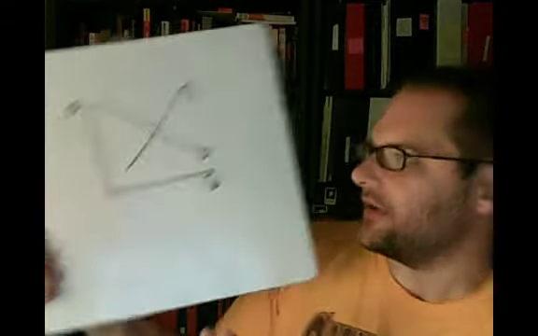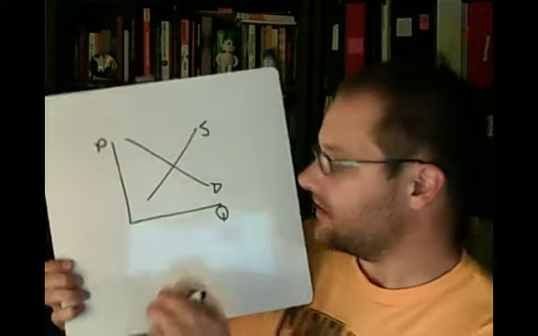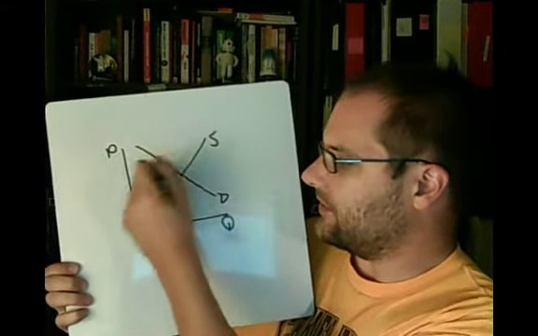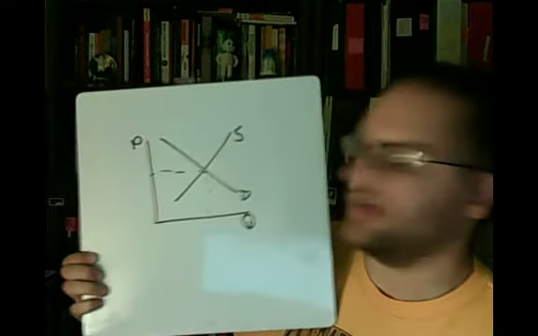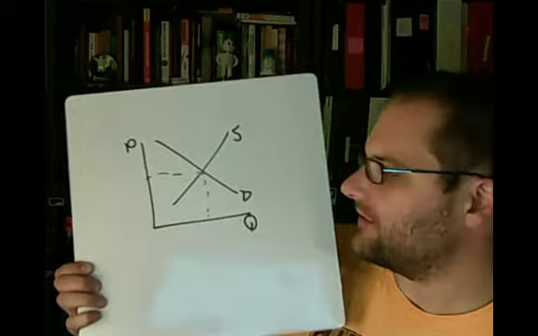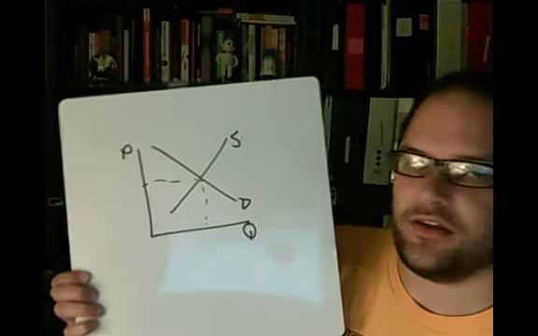I've got a whiteboard. This is pretty exciting here, huh? In chapter 3, we had our simple supply and demand curve, and we had an equilibrium price and an equilibrium quantity. We kind of left the discussion right there.